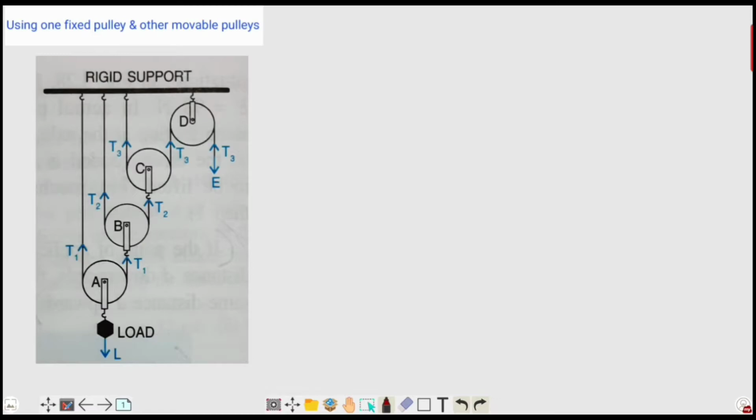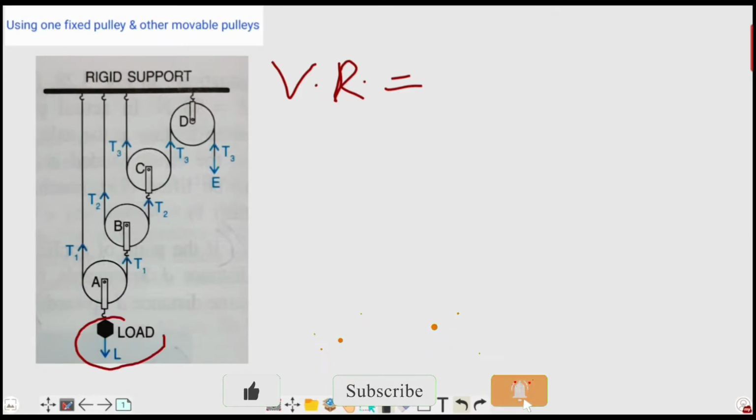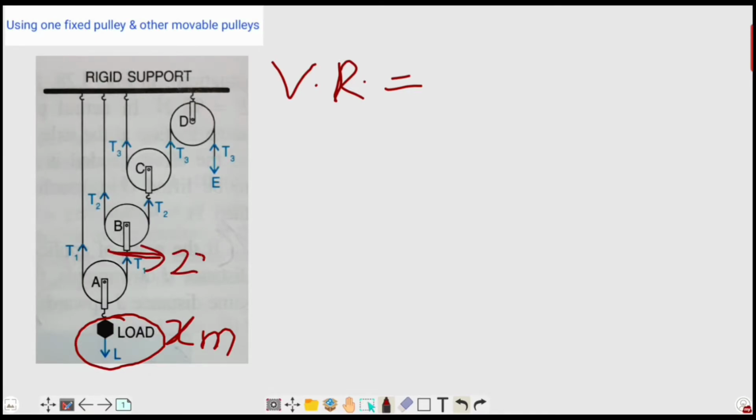Now, students, let's discuss the velocity ratio. Here in this case, suppose the load is moved up by x meter at pulley A. Then at B, it will be double, 2x. Then it will be 4x. So at the effort, it will be 8x.